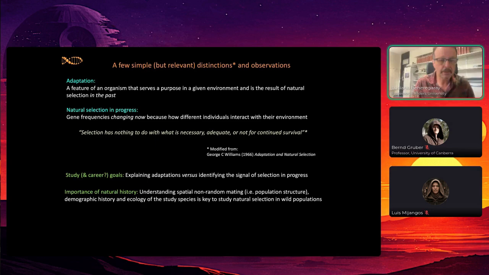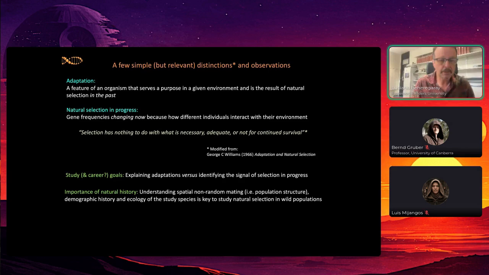One thing that other speakers have mentioned during this week is that working separately with the genomic data sets without really digging deep into natural history can often be a major mistake. Natural history is indeed the source of our questions, of our hypotheses. And we have to understand the spatial non-random mating, in this case, population structure, and demographic history if we want to understand natural selection in wild populations.